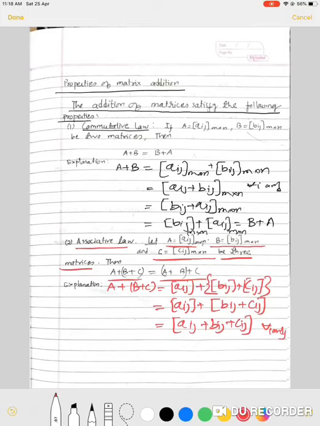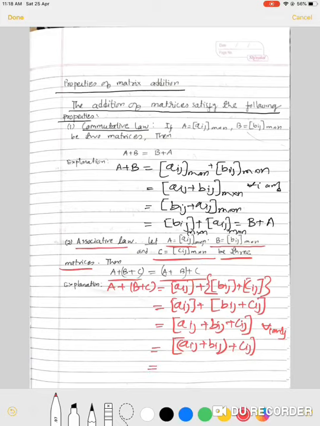Look here. We can write here Aij plus Bij plus Cij. Why? Because addition of real numbers is associative.